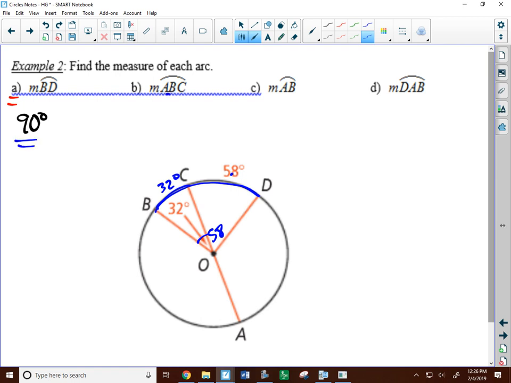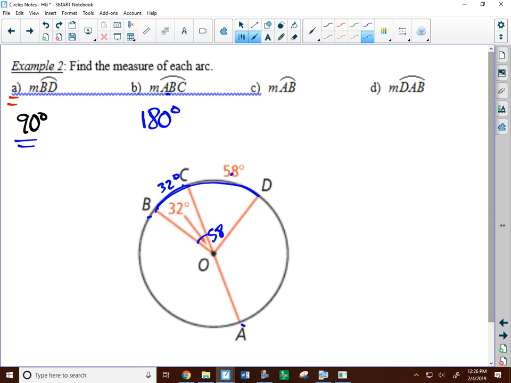Nice. Okay, what about B? Yes, 180. ABC is a semicircle, so 180. Nice. What about C? Somebody else?